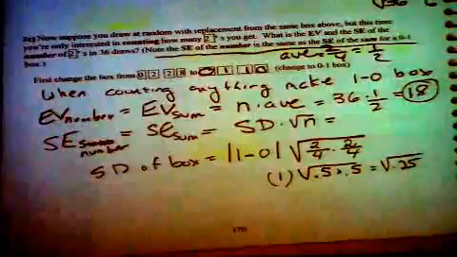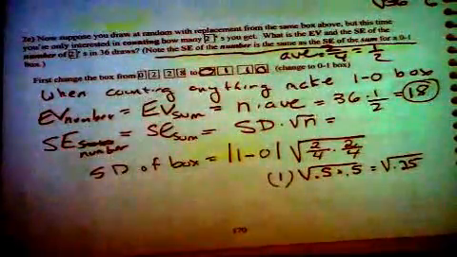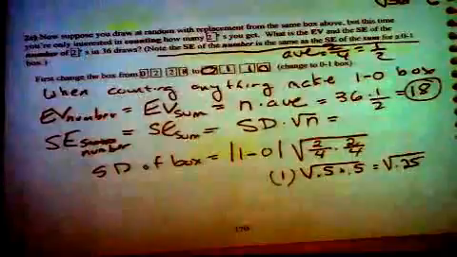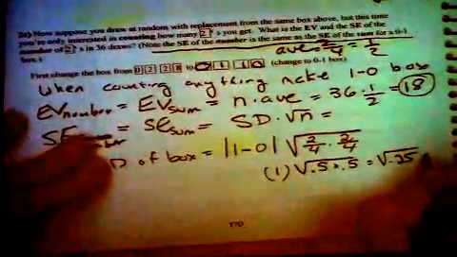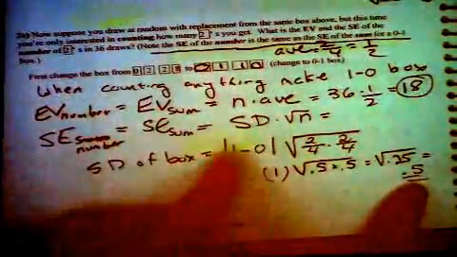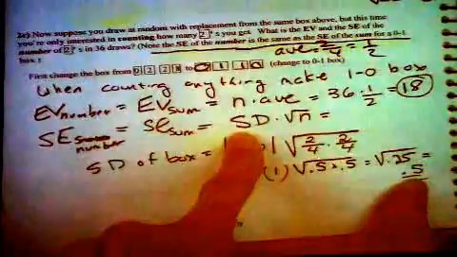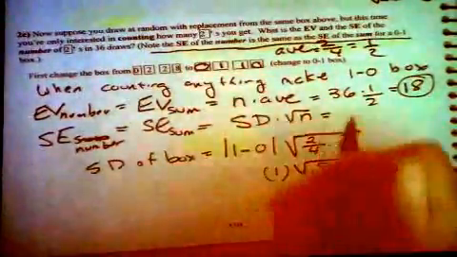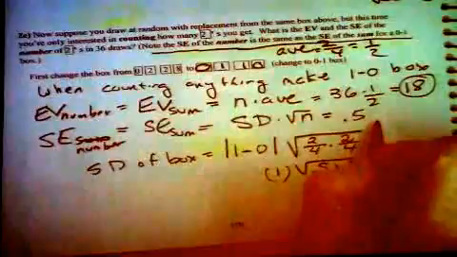Now, what do you think the square root of 25 is? The square root of 25 is 5. So what do you think the square root of 0.25 is? It is 0.5. So that's what this is. That's the biggest standard deviation you can have in a 0, 1 box. So it's 0.5 times, what's the square root of n?